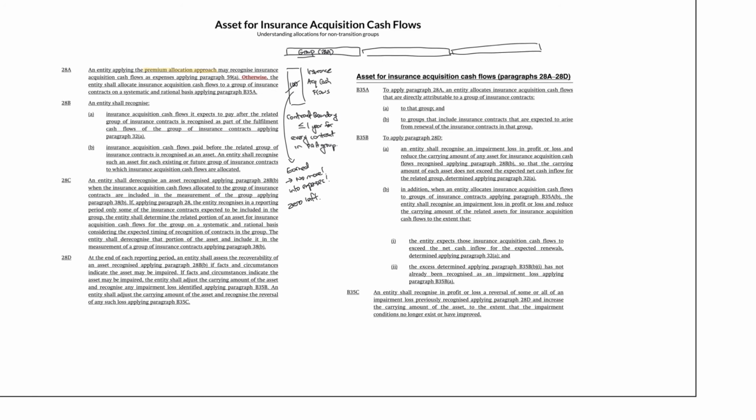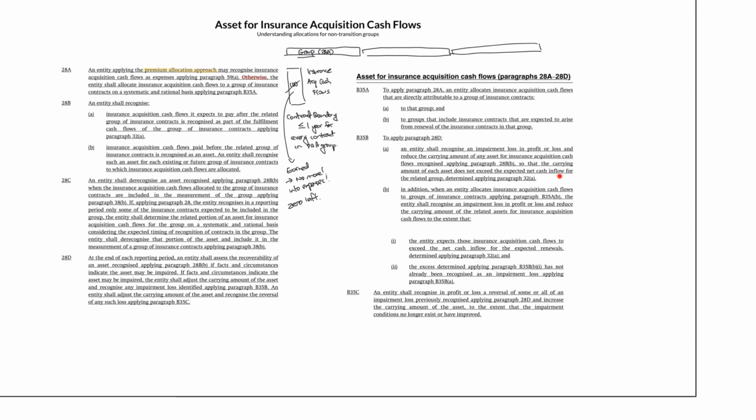But if you don't do that, then you need to first recognize any acquisition costs that you've attributed to that group in the LFRC, the liability for remaining coverage, and any ones that you've attributed to a future renewal group, you recognize as an asset.